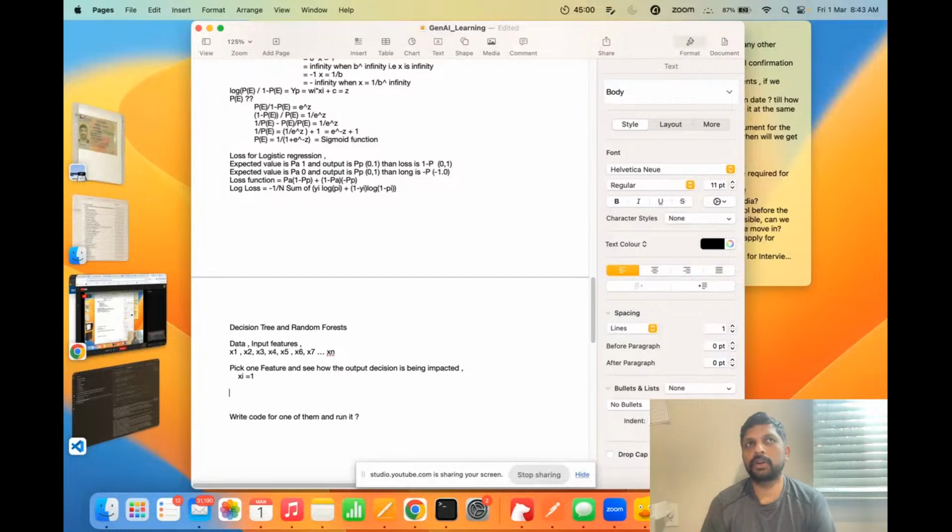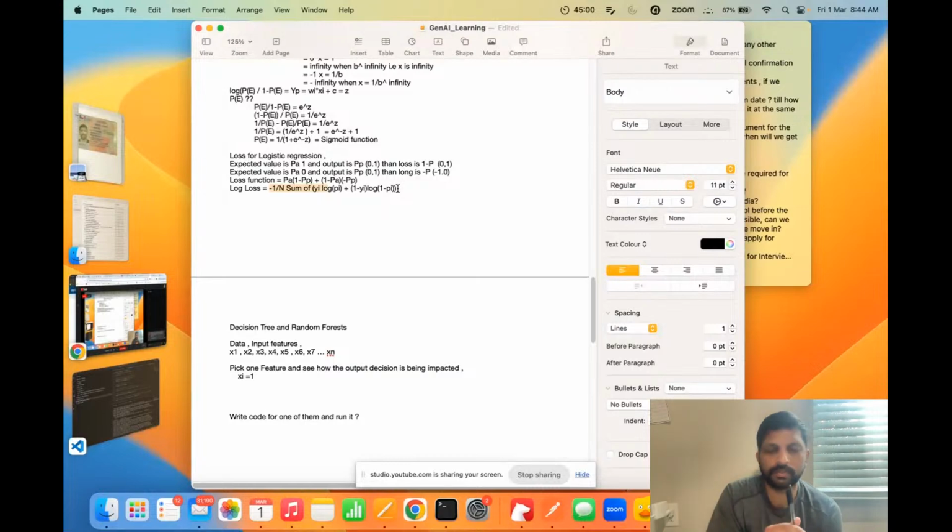Your overall entropy loss is calculated by minus 1 by n, and then the logarithm is applied, but it's specific to binary classification. That's the reason it shows 1 minus y and 1 minus pi.